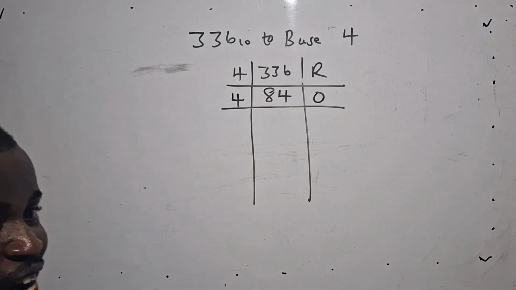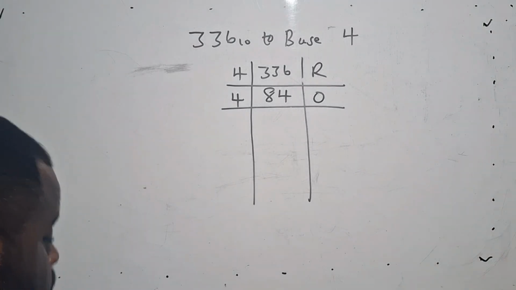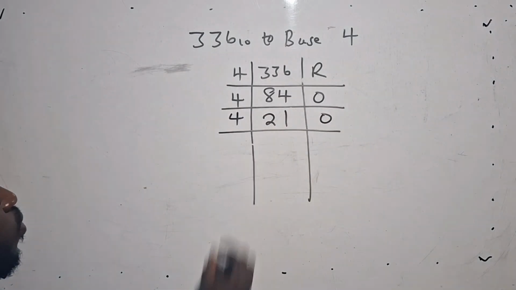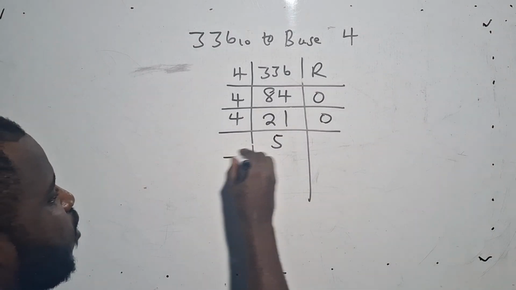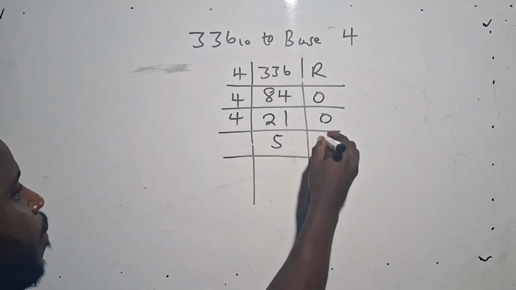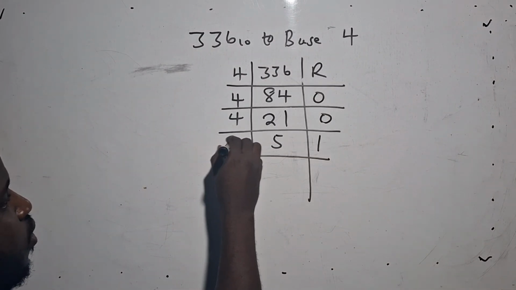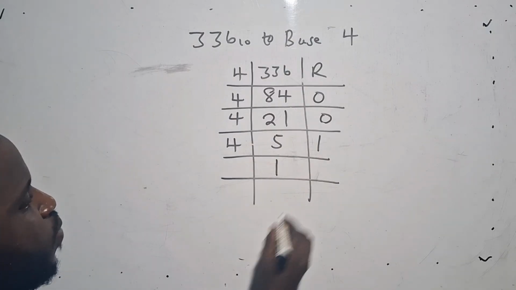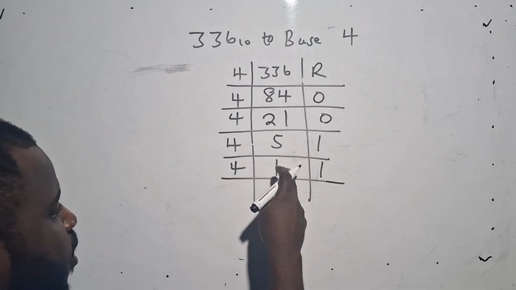Now 84 divided by 4 will give me exactly 21, remainder 0. Now 4 can go into 21 5 times. 4 times 5 is 20, remainder 1. Then 4 again. 4 can go into 5 once, remainder 1. Now 4, there's a remainder here. Can 4 divide it?